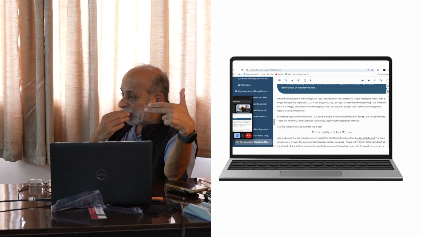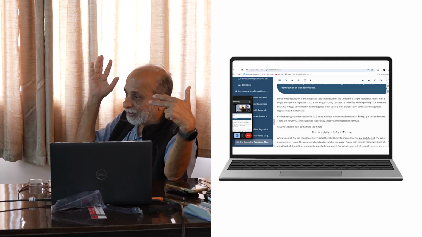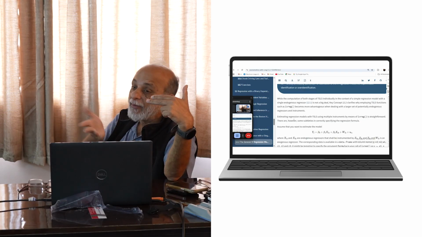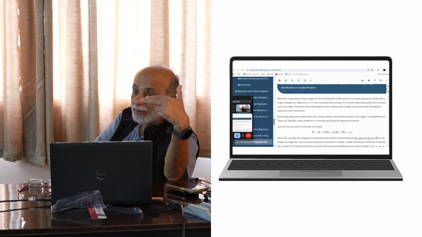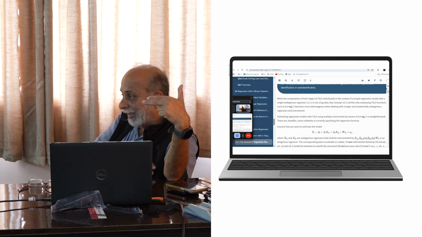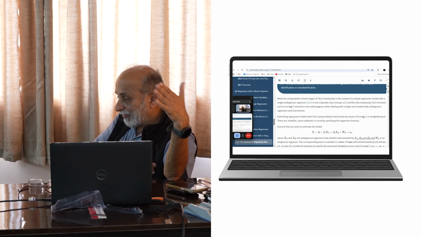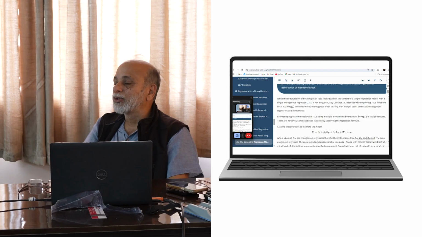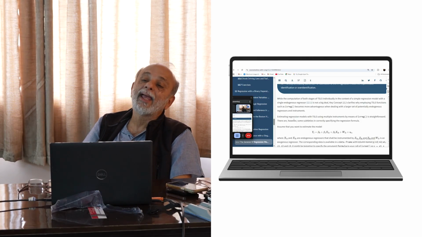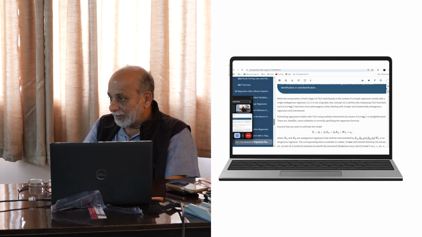You can have two endogenous variables and two or more instrumental variables. But you must have at least two. Right? Otherwise your model will be under-identified. If you have the same number of instruments as the number of endogenous variables, you have an exactly identified model.